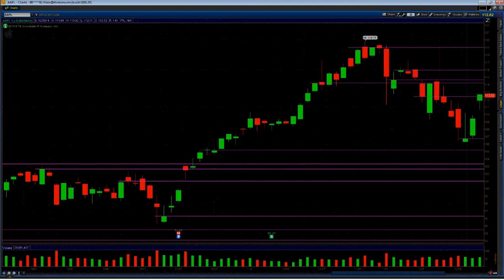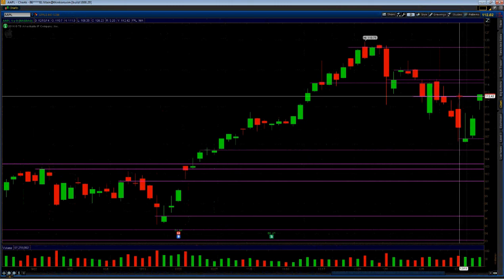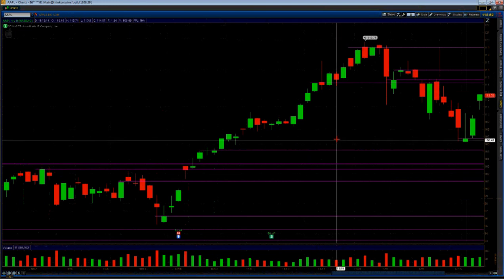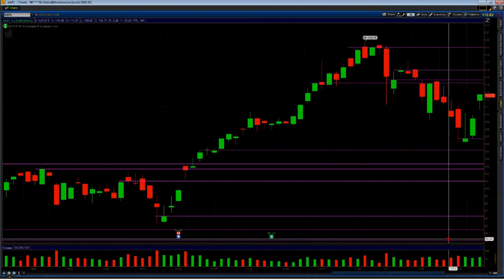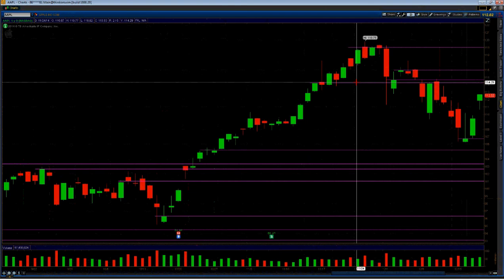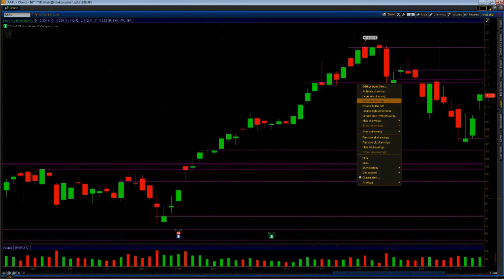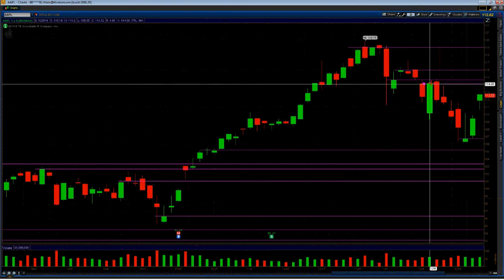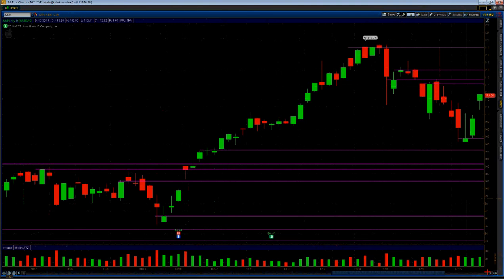How about right here? No, just deleting a swing low, right? I got to delete that right there. That one shouldn't be there, but it should be right here.